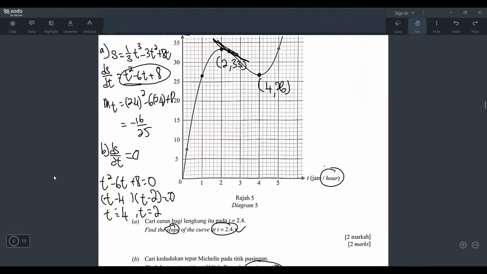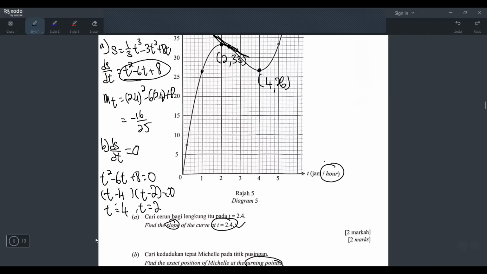Okay, can I find the y coordinate? Yes, right? Just ganti dalam original equation, then I can get already. So, okay lah, let's try to do that. So, I will continue here because not enough space. So, when t equals 4, your s will be 1 over 3 bracket power 3 minus 3 bracket square plus 8t. Okay, because I already get my t, right?